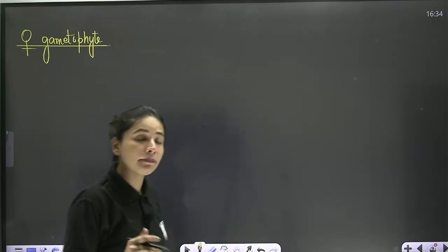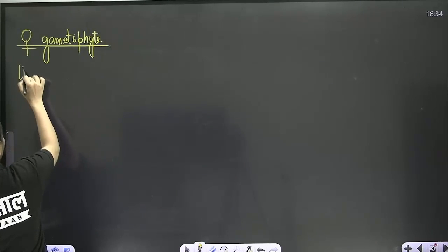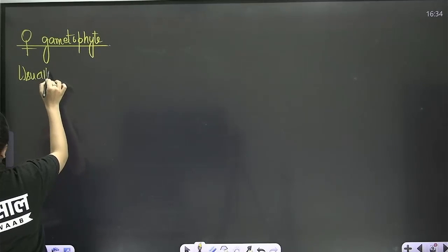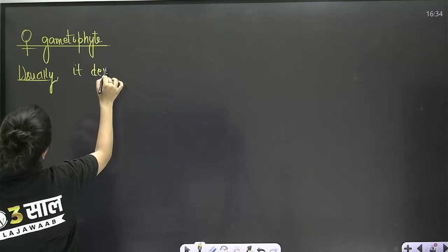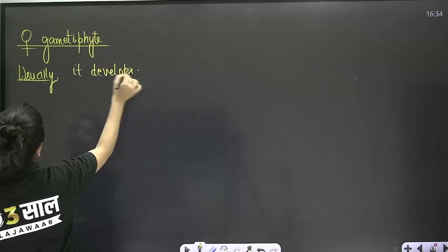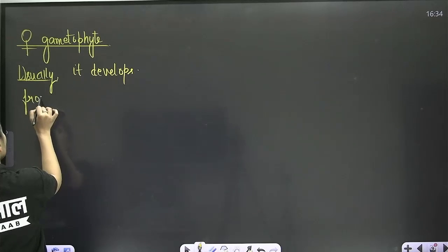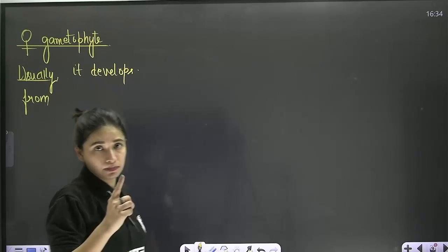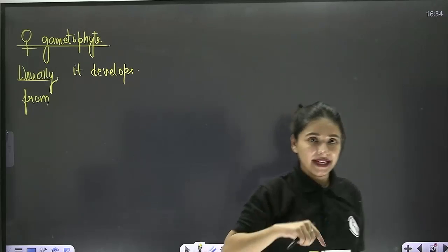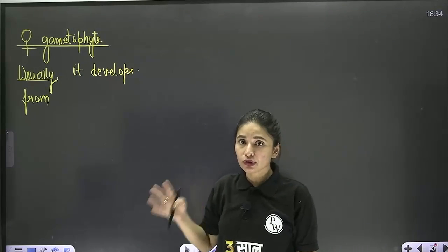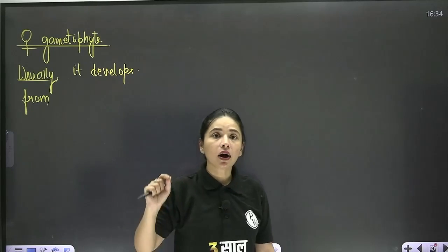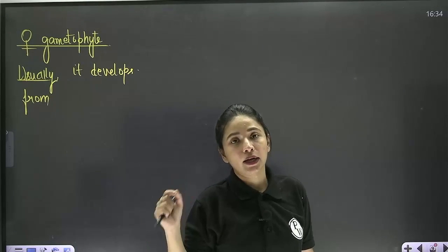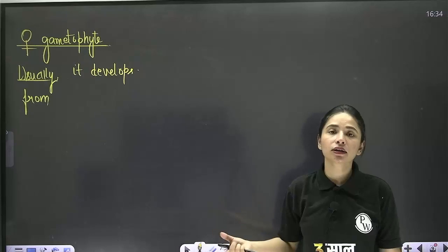It develops usually, not always, but in 80% of the families, beta, from 1 megaspore. How many were formed? Four were formed, but out of those 4 megaspores, you have seen that 3 got degenerated and only 1 remained functional.